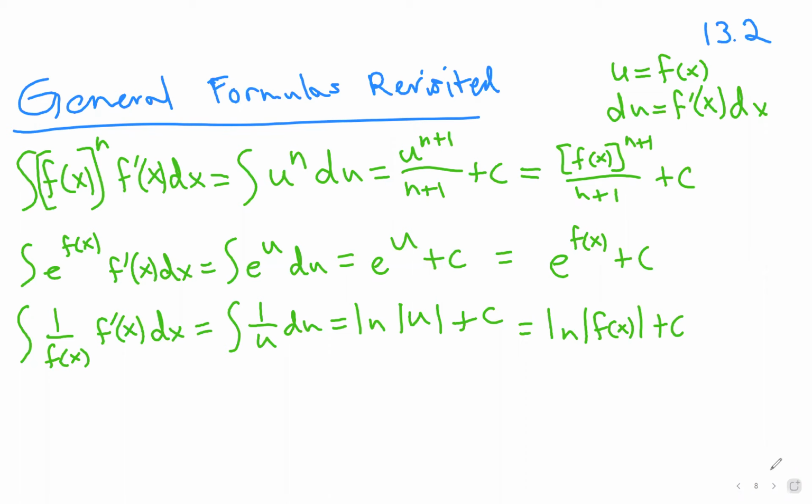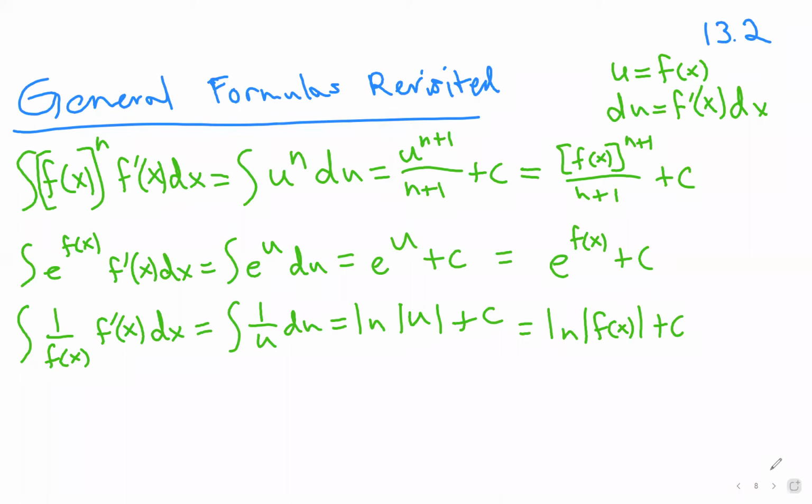So for the integral of f of x to the nth power times f prime of x dx, we can say that we have the integral of u to the n du, by substituting all of the f of x's for u's and then substituting the f prime of x dx for du. The result of that integral would be just the power rule for u, which is u to the n plus 1 over n plus 1 plus the constant of integration c.